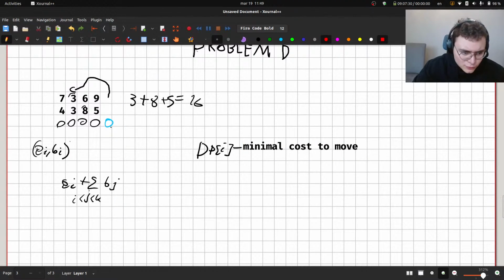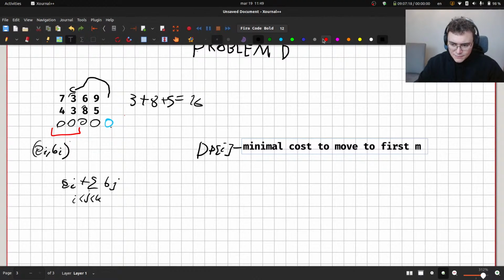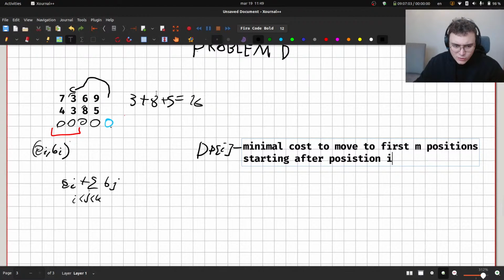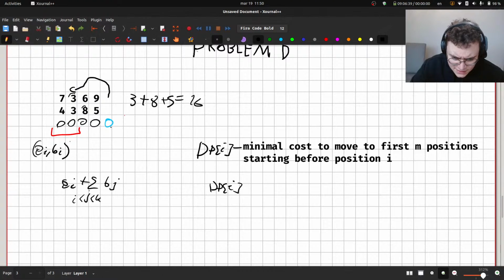So in the first example, we would like to move to one of the first 2 positions. dp from I is the minimal cost to move to the first m positions, starting before position I. So basically our answer will be the dp from n plus 1.